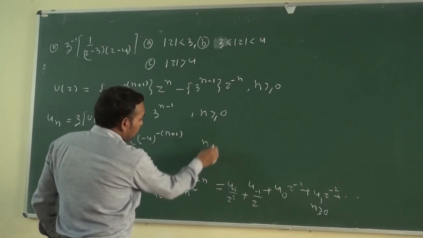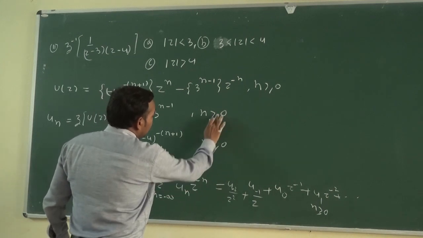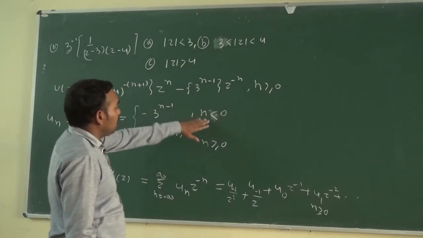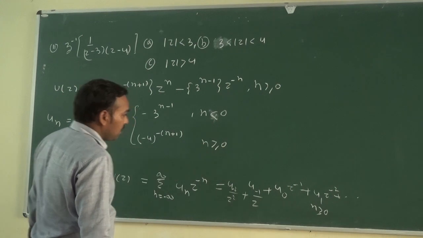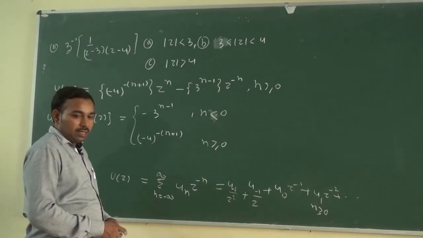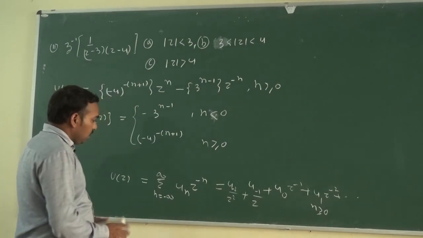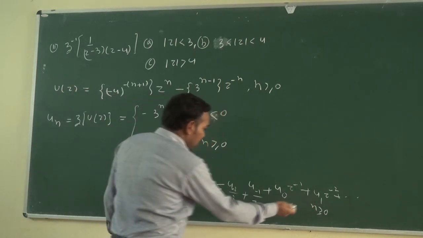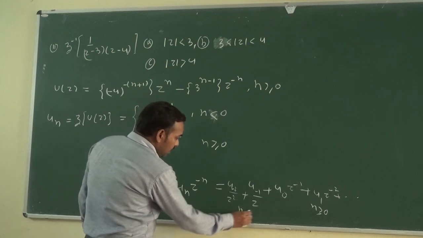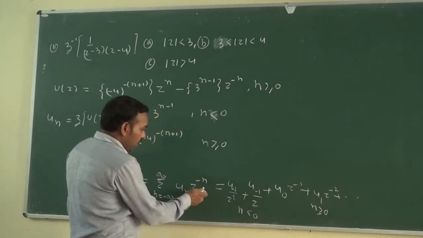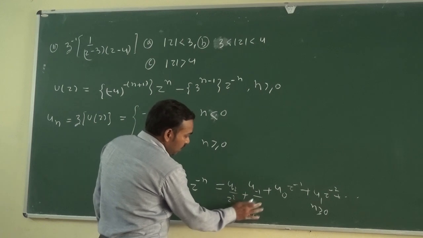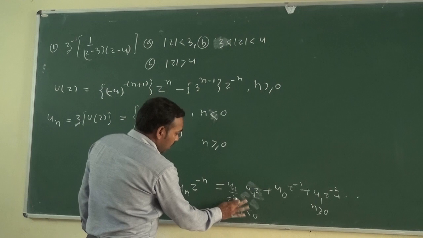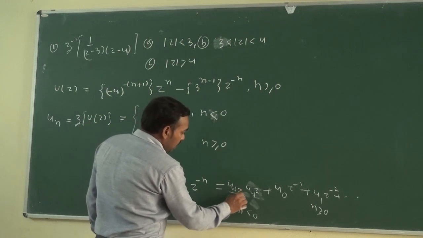This is for n greater than 0 and this is for n less than 0. For n less than 0 it goes to u1, u minus 1 z and u minus 2 z square.